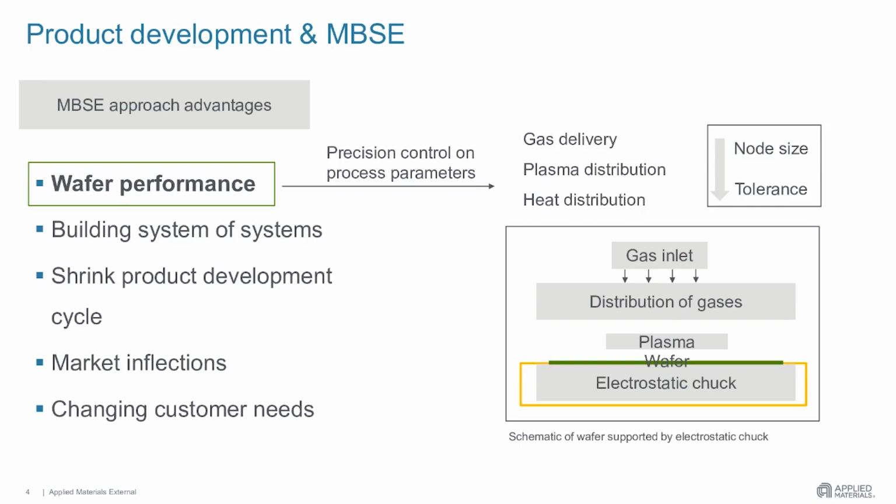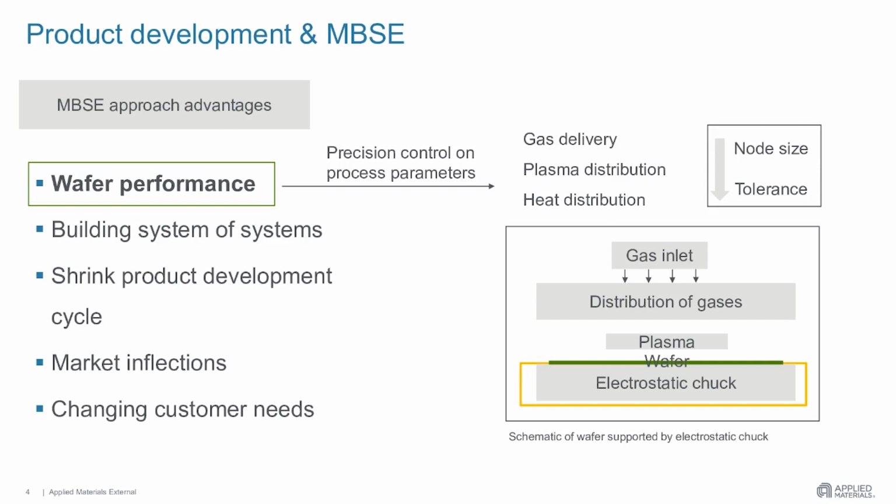A very simplified schematic on the bottom, let's say gases coming into the process chamber, and we have a means to distribute the gases evenly over the wafer, the process can be enabled by plasma. Now, the wafer in most of these processes is supported by something we call a chuck. Chucks can be of different types.